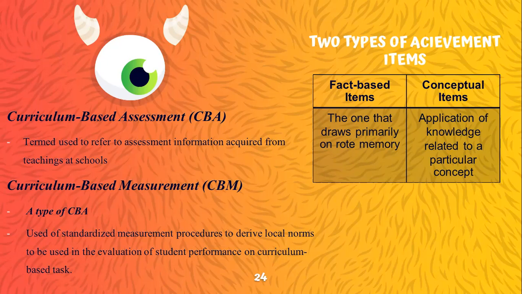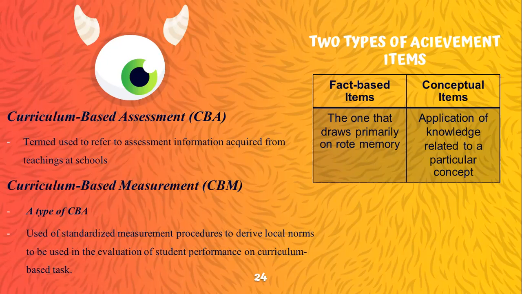The CBM, or the curriculum-based measurement, is a type of curriculum-based assessment. CBM measures the student's performance on curriculum-based tasks. It uses standardized measurement procedures to derive local norms to be used in evaluating students' performance in curriculum-based tasks.